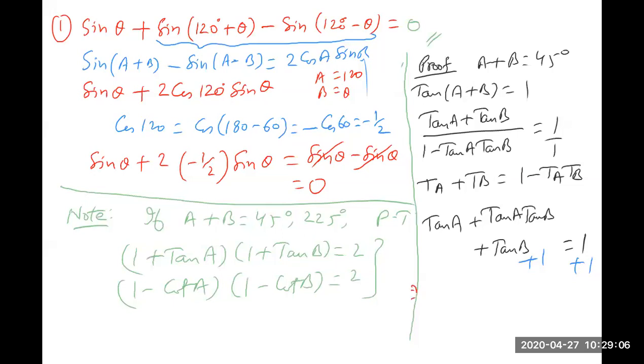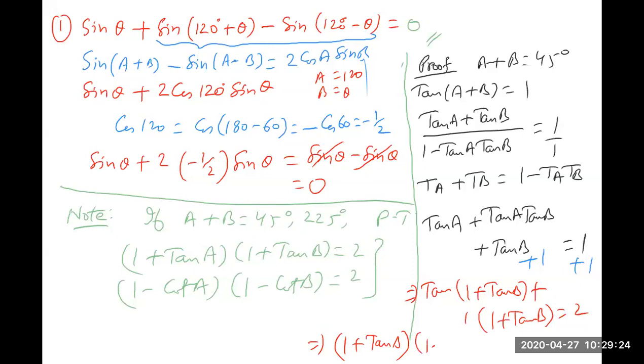So this implies tan A, if tan A is gone, what is left? 1 plus tan B, plus 1 plus tan B is equal to 2. So now you can take 1 plus tan B common into 1 plus tan A is equal to 2. That is the proof of this.